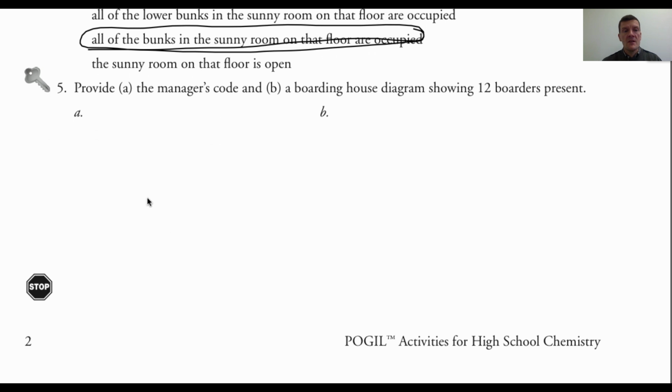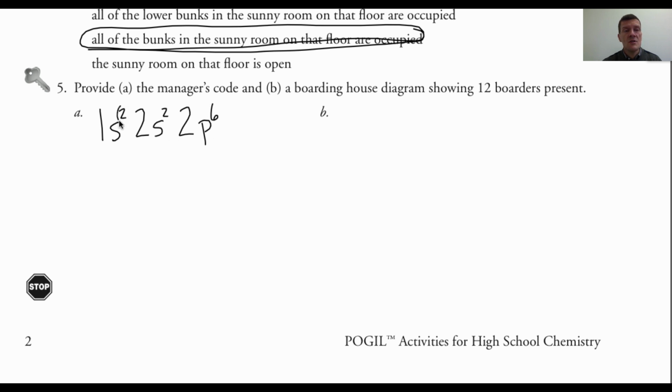You would have, on the first floor, you would fill the sunny room first with 2 people. Then you would move up to the second floor, and you would fill the sunny room with 2 people. Then you would start to fill the pink rooms, still on the second floor, and it looks like the maximum in the pink rooms, because there's 3 bunk beds there, 2 in each bunk bed, would be 6.